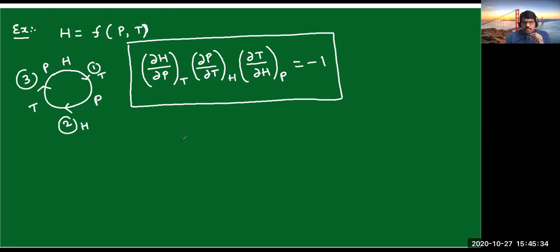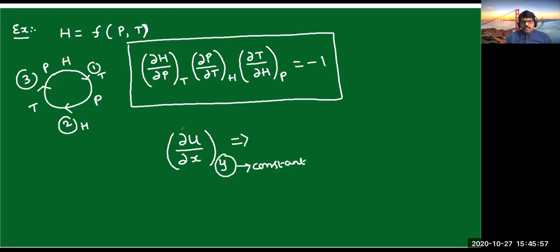In general, if you take a partial derivative, so that is del u by del x at a constant y, y is a constant term, and del by del x is the operator, and u is a function.